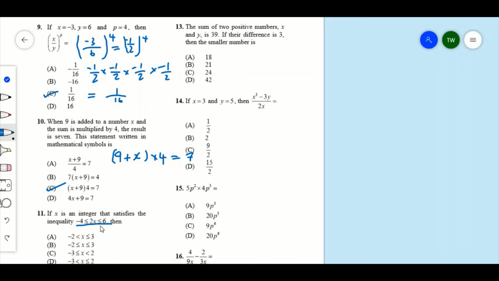So if we divide each of these numbers by 2, we note here the first number that we're going to get, negative 4 divided by 2, that's going to give us negative 2. We're going to keep our symbol here.